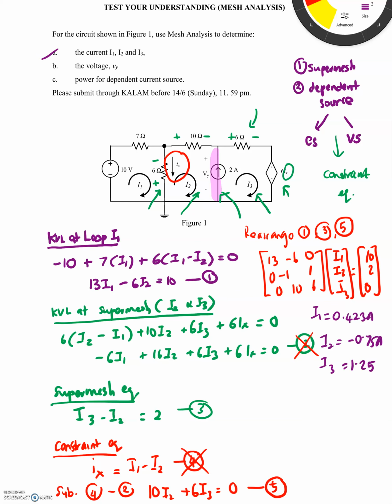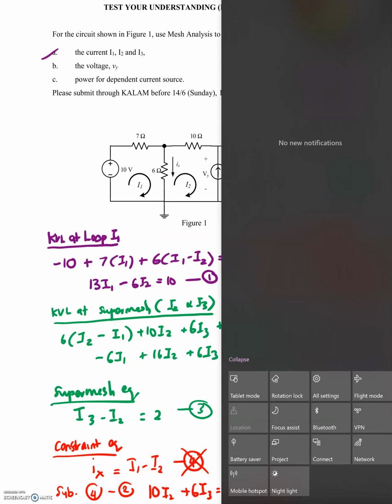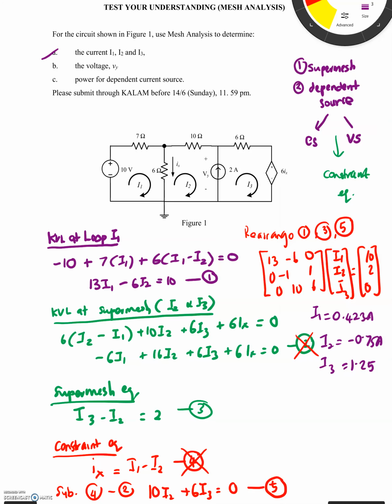What is the voltage Vy? For the voltage Vy, what you need to do is a KVL on that circuit. After you know all the currents, it means that you will know the voltage at each element, so you can know the voltage at the 6 ohm here, and the 10 ohm.